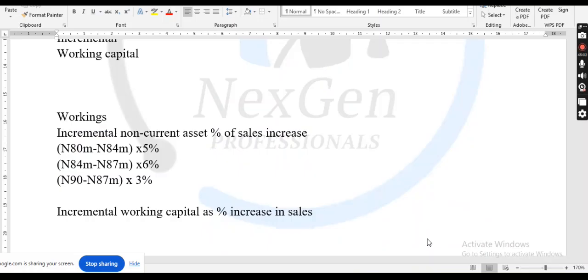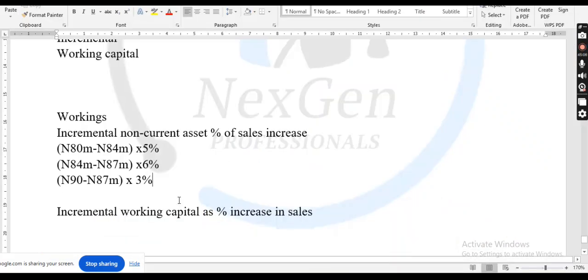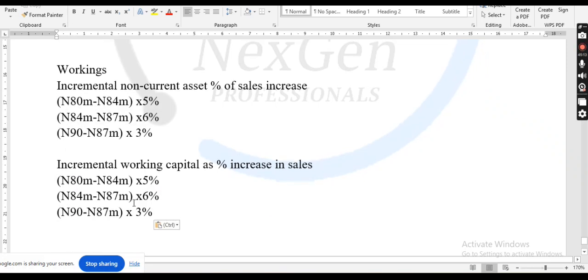They give us different percentages. I can copy all this and paste. The percentage for the first one is 6%, the second one 5%, and for the third year, 4%.